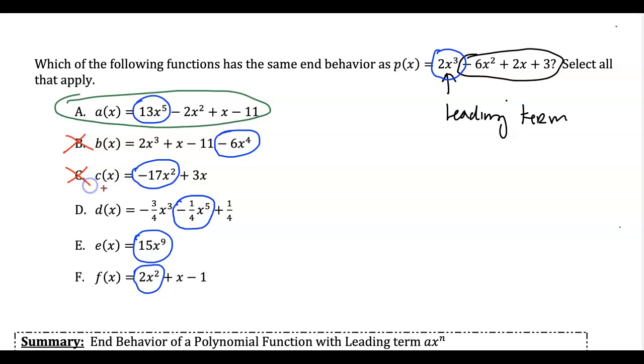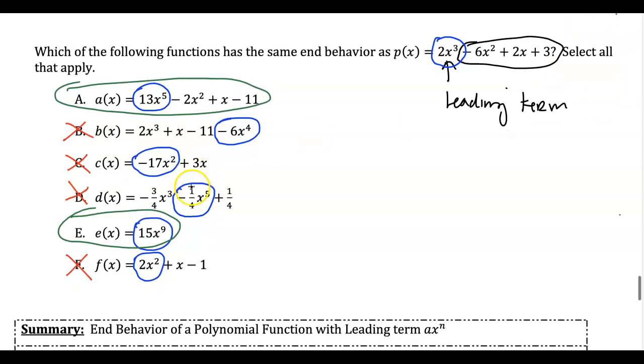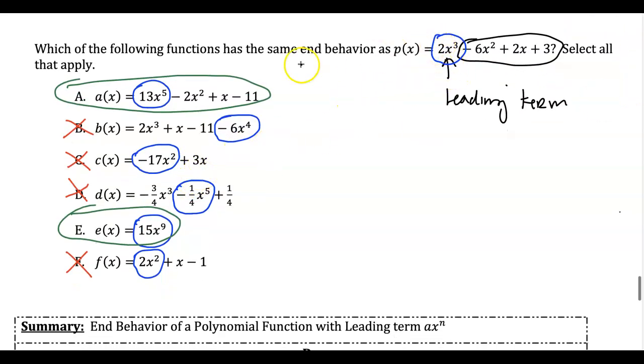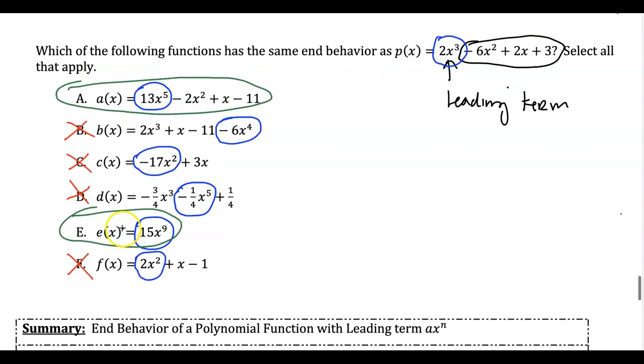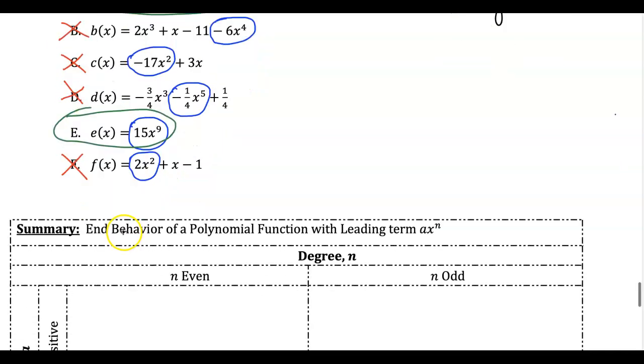Again, this is odd, but it has a negative coefficient, so it will not have the exact same behavior. E is odd and positive, so that will work. And finally, F is not going to work because it's even. Okay, so again, you really only have to examine and compare the leading terms and match them for the sign of the coefficient and whether or not the power is even or odd.